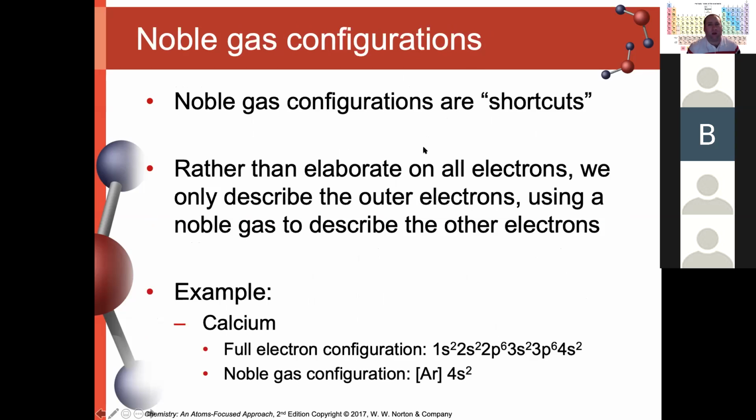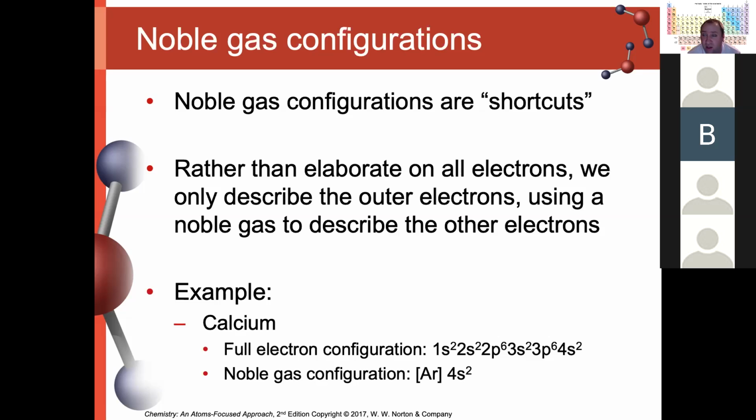Now, you can imagine, most of the examples that we did, we picked on examples that didn't have a whole lot of electrons. The biggest that we got was germanium, which had 32, and zinc had 30. And you can see that those electron configurations were starting to get long.